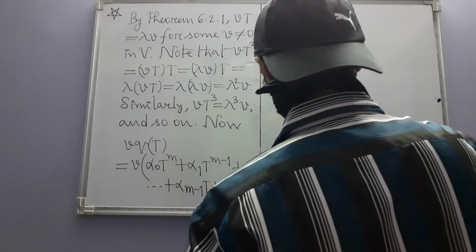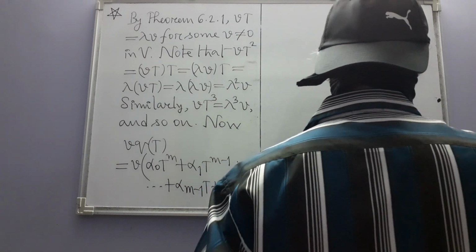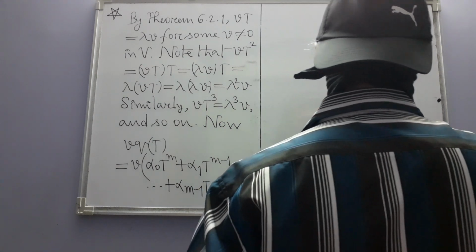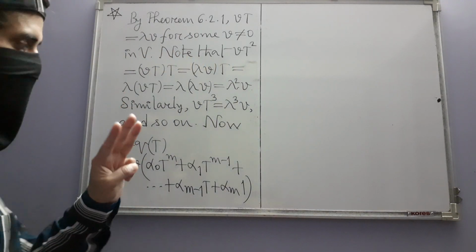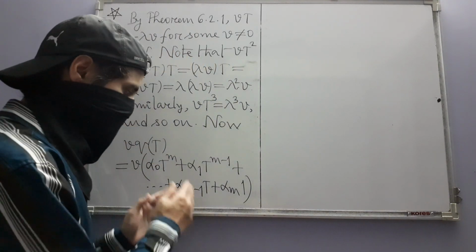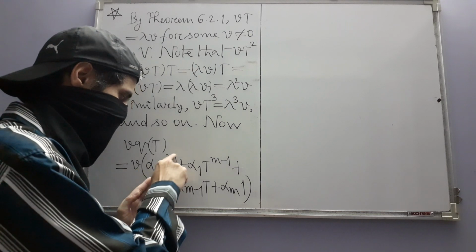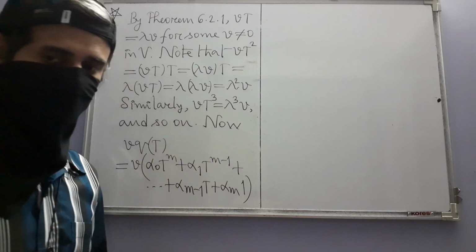Now in the next step, we are of course going to use the definition of all the operations, that means the 3 operations we have in our algebra: addition, multiplication and scalar multiplication.